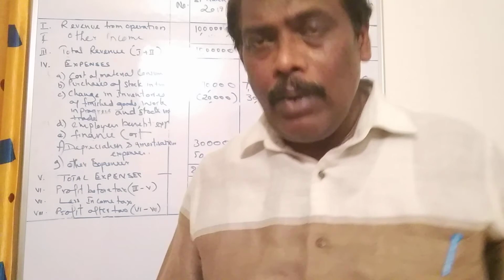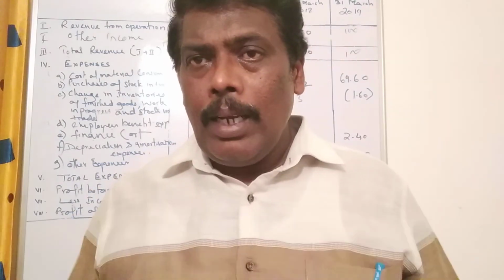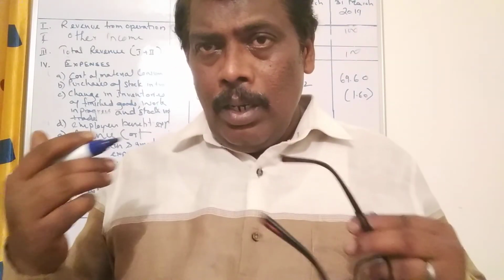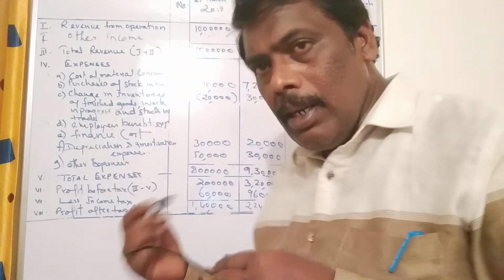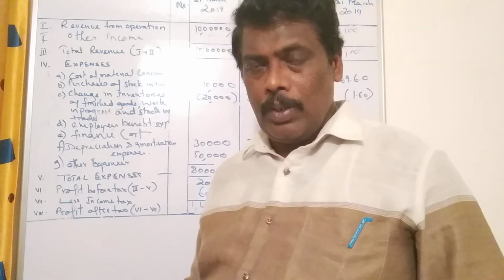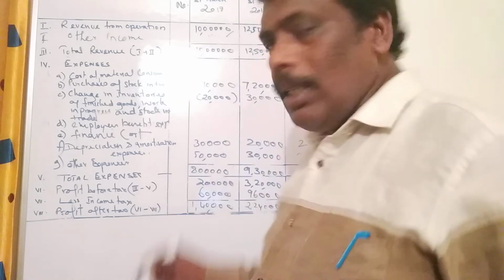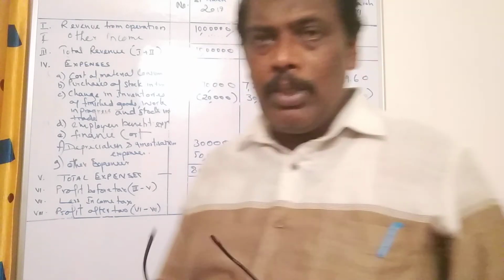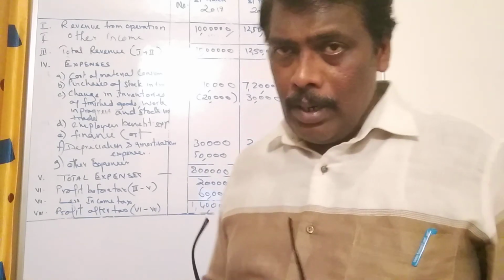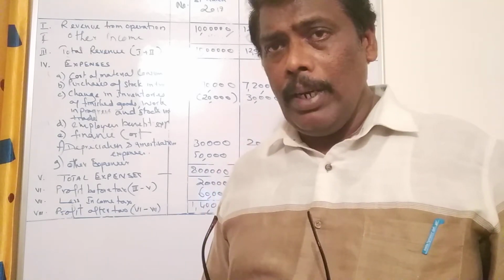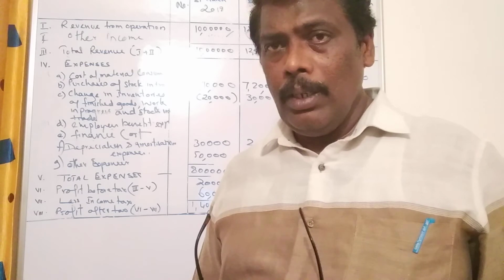After subtracting, whatever the left out amount is, that has to be treated as profit after tax. So this is the process by which we prepare the common size statement of P&L in order to know the profit or loss of the company.